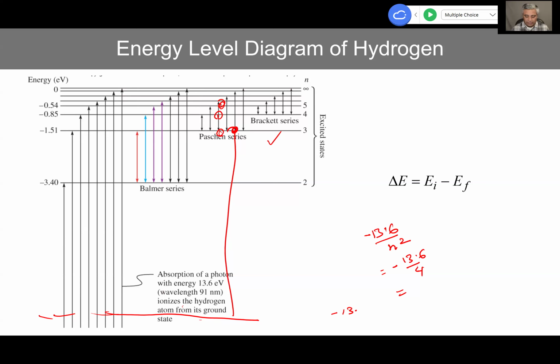Let's keep things a bit simpler. Then remember, on the higher state it spends only about microseconds, and after that it starts coming down. So for example, when it comes from here to here, that is one possibility. Or it may just jump back down here. That's another possibility. So in that case, how much energy is being emitted when it jumps from this higher state to this one?